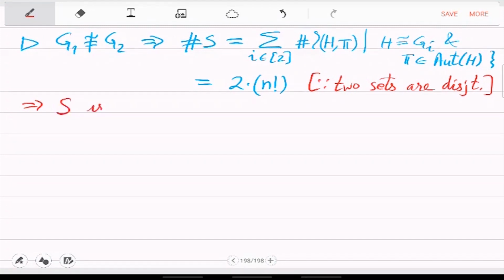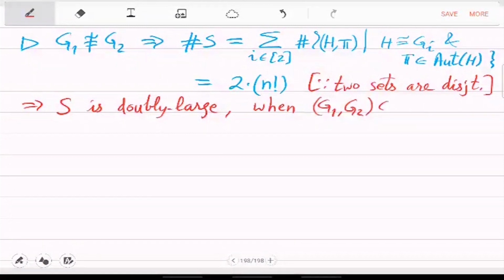So S is doubly large when G1, G2 is a yes instance of GNI. And we know the size.